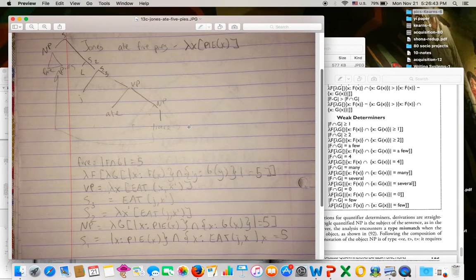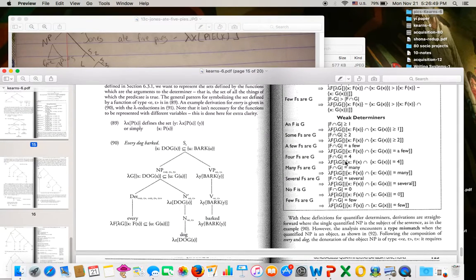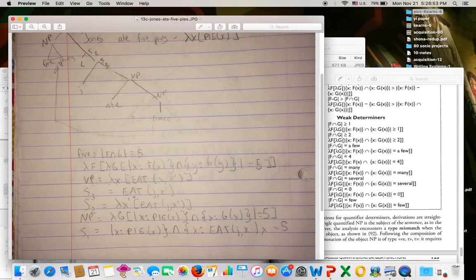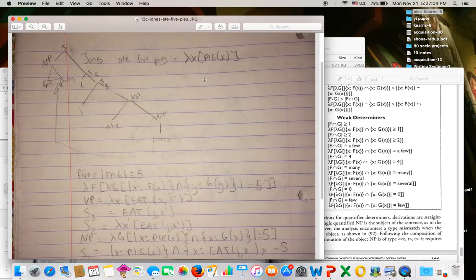Okay, so this is then the lambda expression for 5. It's the same thing as 4, just instead of 4, it's 5, and so that's the lambda expression for that. So it's 5 pies, and so pie is lambda x pie x, okay?